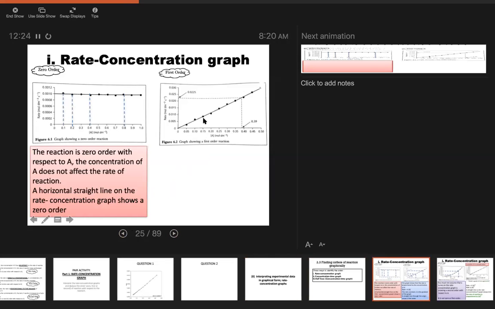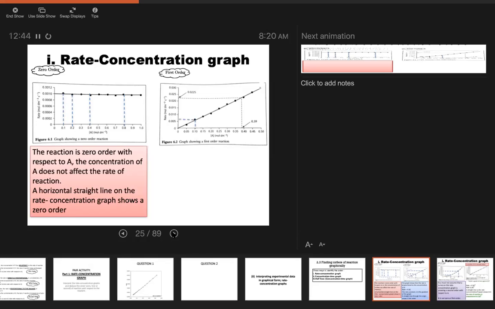So how do we know this is a first order? We just use an easy point first, 0.1. If we read the rate at 0.1, it reads at about, I don't know, 0.006. I'm just going to make that up.